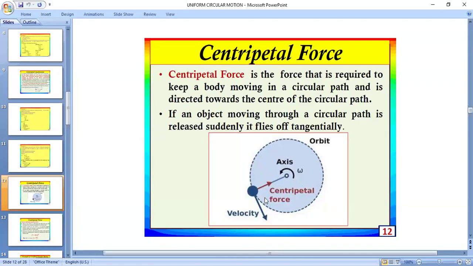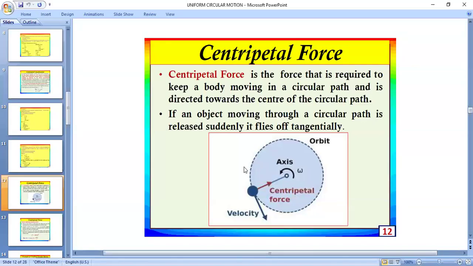So if you're asked to show the direction of the force, it is always towards the center. The opposite of this is centrifugal, which is not taught in this chapter, but we only mention it.